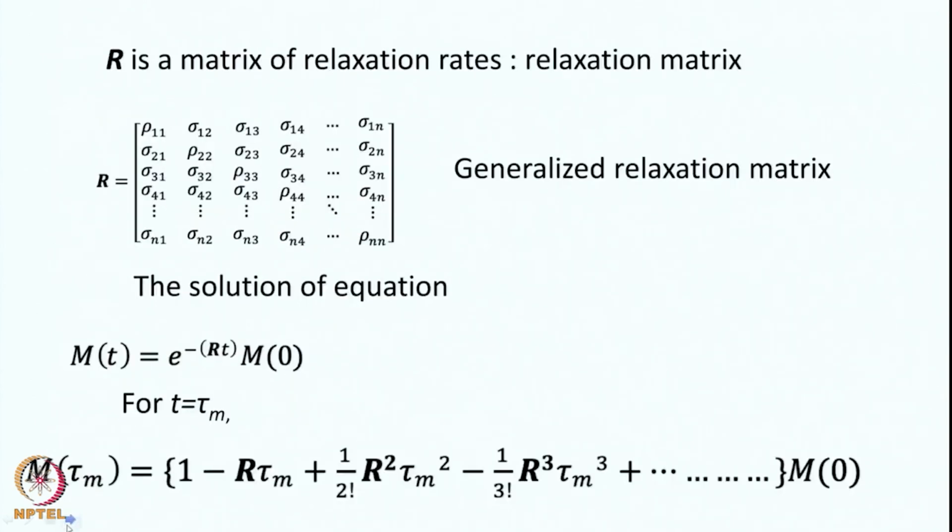If we take the solution, the magnetization of any spin at any time t will be given by e to the power minus Rt and the equilibrium magnetization M0. So, for any time Tm, because we are mixing for time Tm, the magnetization will be given by this series multiplied with the equilibrium magnetization.